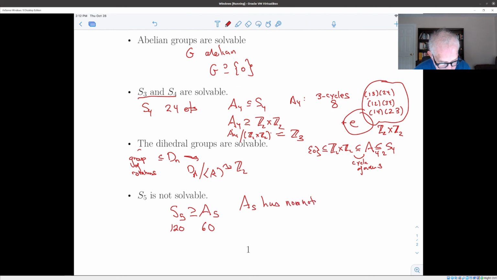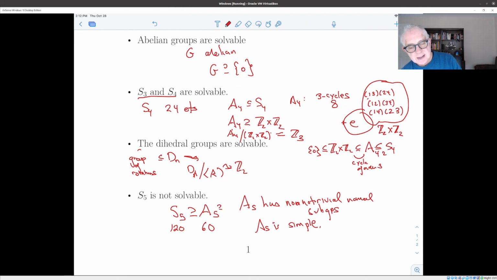It's what's called a simple group. And so it's non-abelian, and you can't find a normal subgroup in here so that the quotient is abelian. And so S5 is not solvable. And that's pretty much all we're going to do with solvable groups in these lectures.